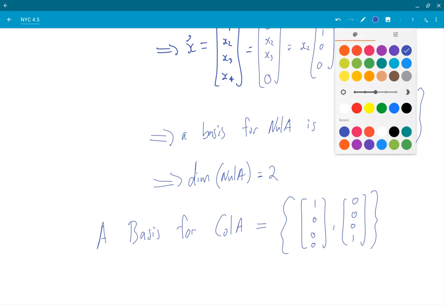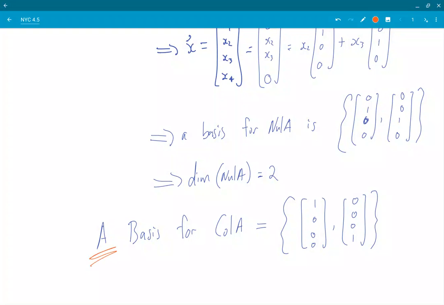I want to note something here. I'm saying a basis for Col A, not the basis for Col A, because certainly in this case there are an infinity of different bases. If I have a basis and I multiply this one by 10, still a basis.